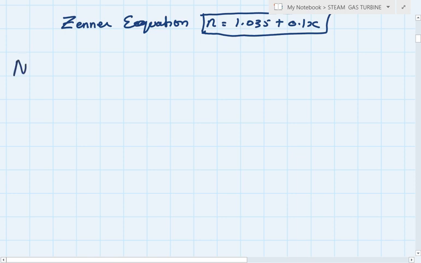So now let us find the work done per kg of steam during the cycle.